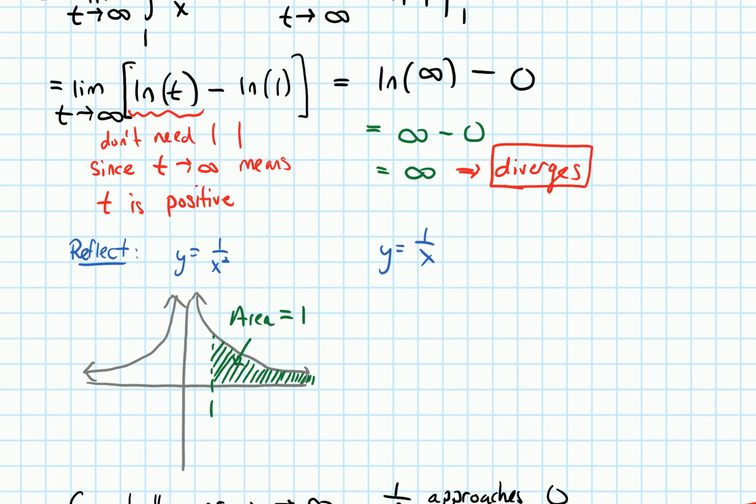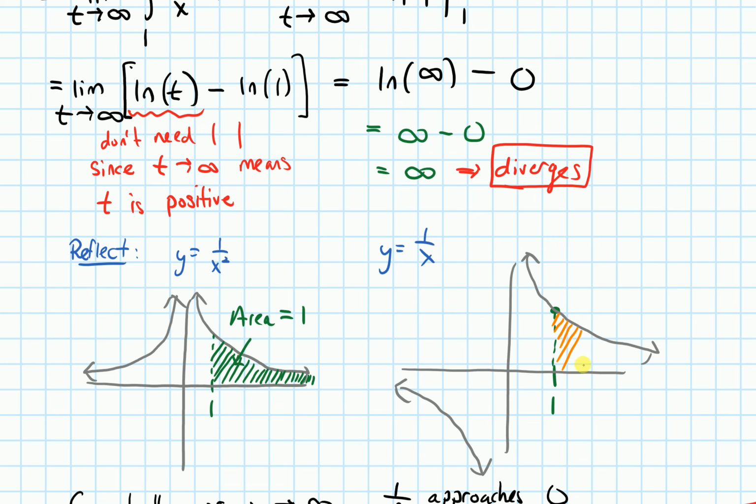What about the graph of 1 over x? If I draw some axes and I draw 1 over x, this one's a little bit more spaced out. There's one other piece here. This is a hyperbola graph. And I look at this. Again, it's going from 1 to infinity. So if I shade in that region, again, it's going from 1 to infinity.